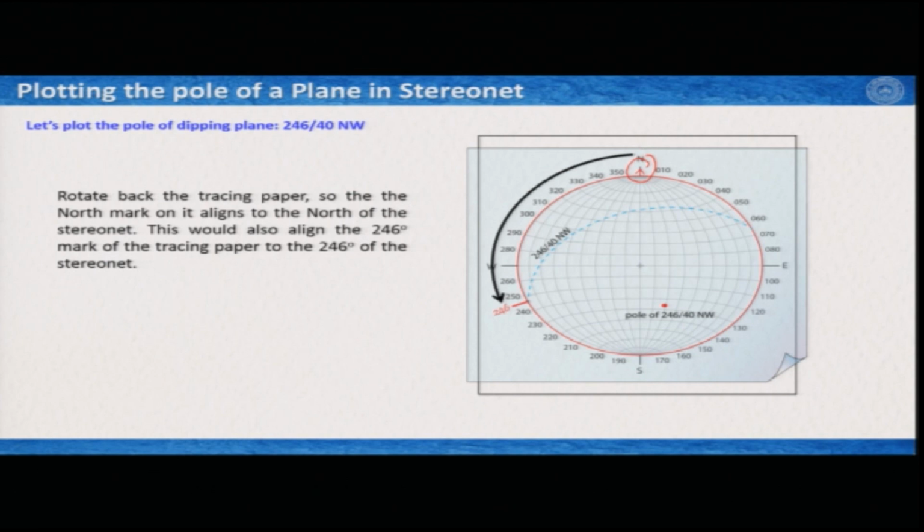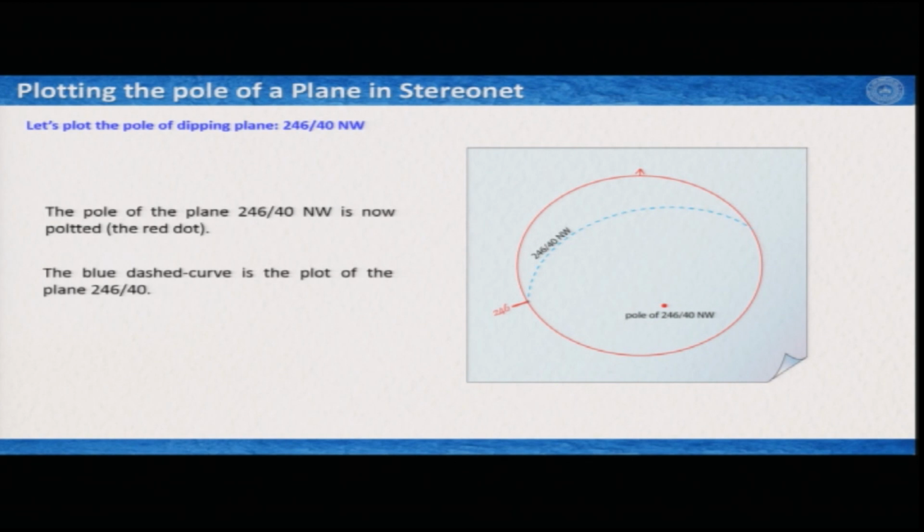In this case, what we see, this point E that we have marked in the previous slide is actually the pole of this dipping plane 246 degrees 40 degrees northwest. And if you would see, this blue dotted great circle is actually the projection of the plane 246 degrees 40 degrees northwest. And if you take it off from the Stereonet, it would look like this.